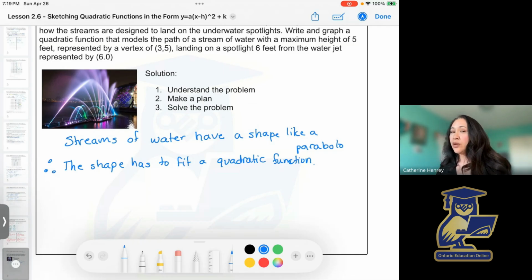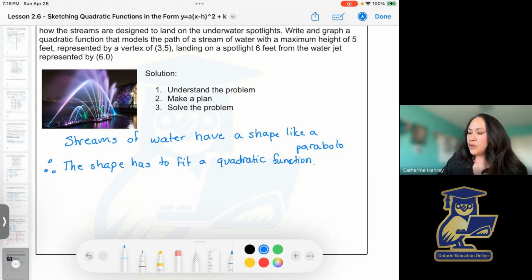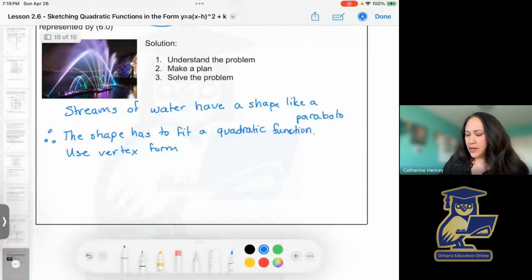Now, at this point, we know quadratic functions in standard form and in vertex form. But here, we were given a vertex of (3, 5). So we're going to use vertex form. Now, vertex form is y equals a(x minus h) squared plus k.